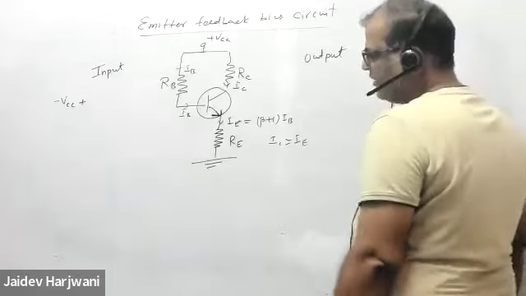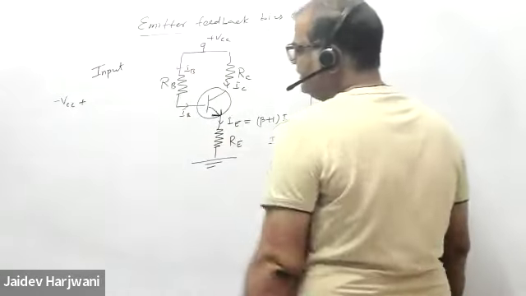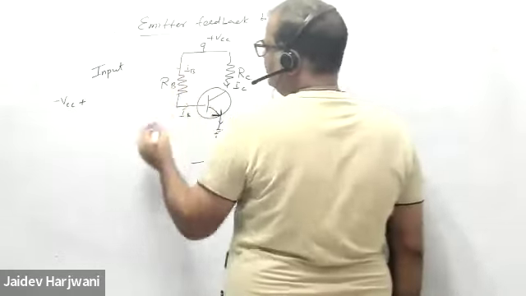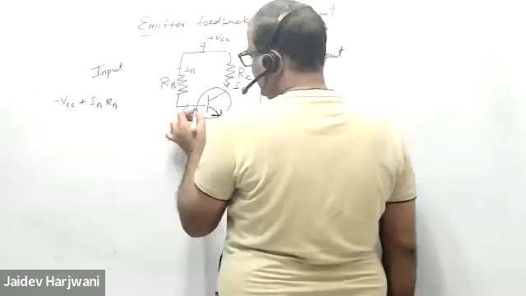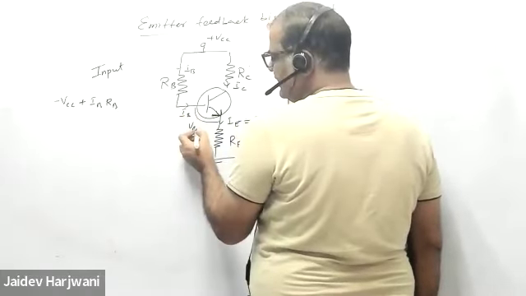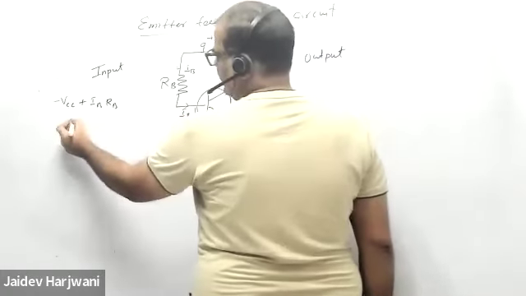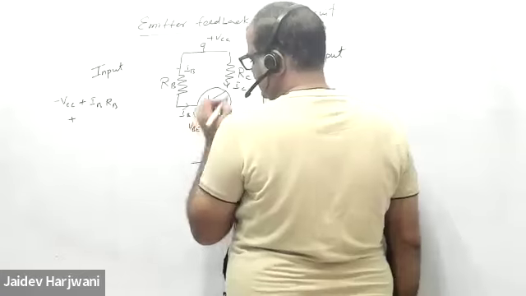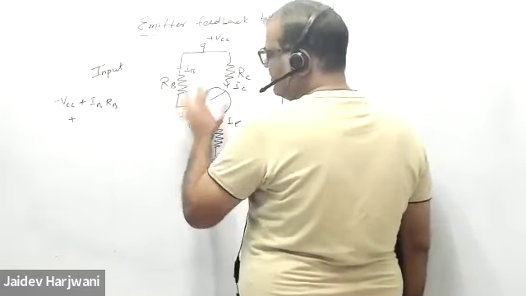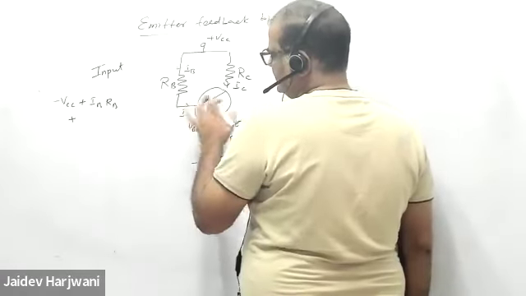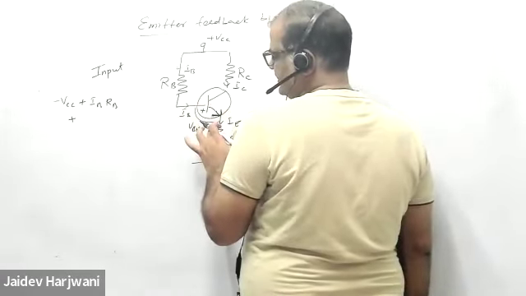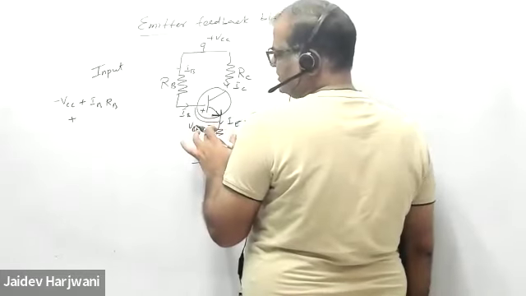So now let us calculate. The input loop: minus VCC plus IB RB, and now here you have a VBE, so plus VBE. VBE should be always forward bias. Okay, it should be forward bias. If it is a PNP transistor, then it should be minus, should be plus. Value is same.